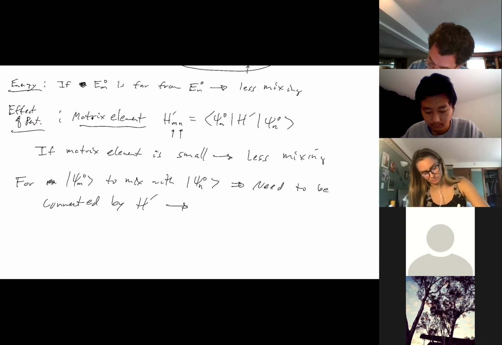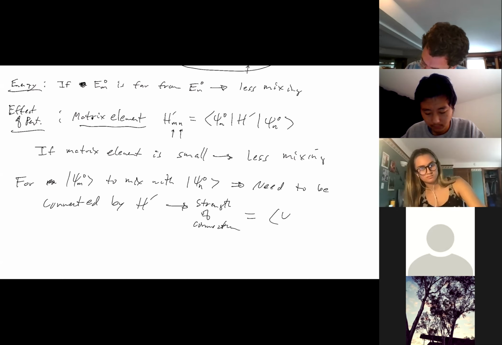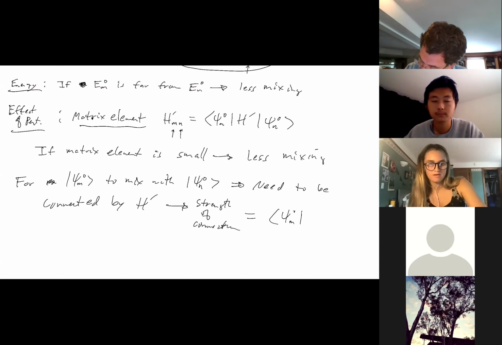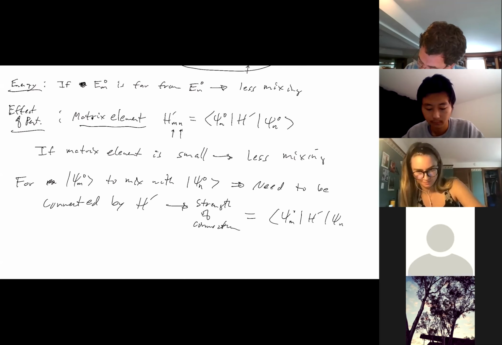And the strength of connection is equal to this matrix element, psi m naught H prime psi n naught.